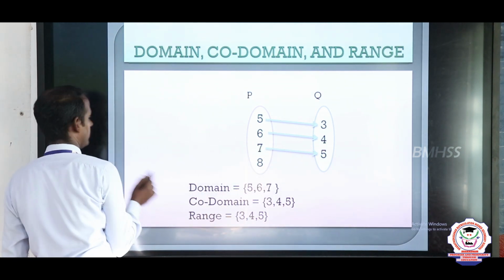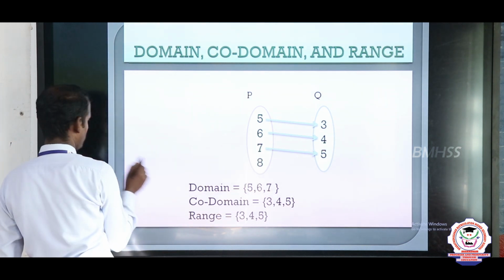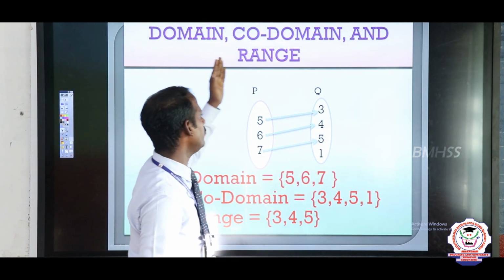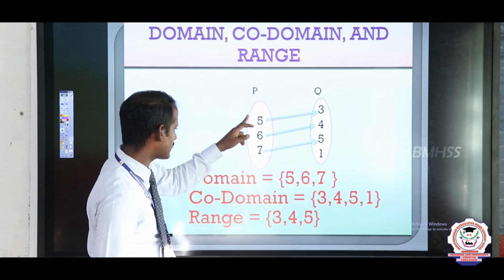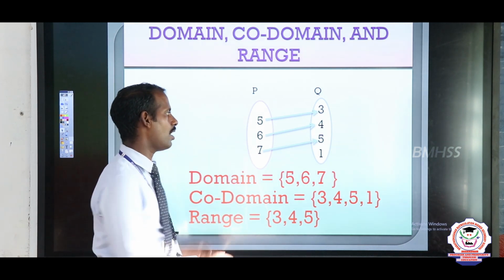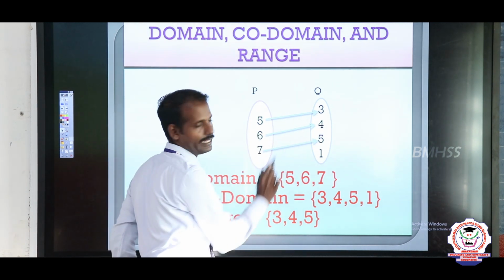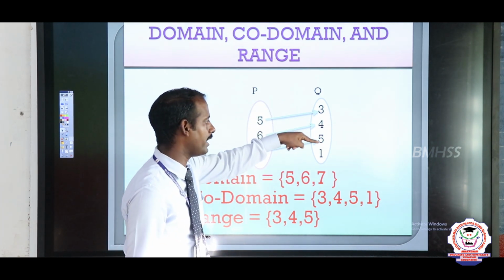Next, another example of domain, codomain and range. Here 5, 6, 7 is the domain, because all of 5, 6, 7 are related to elements of 3, 4, 5. What is the codomain? 3, 4, 5, 1.